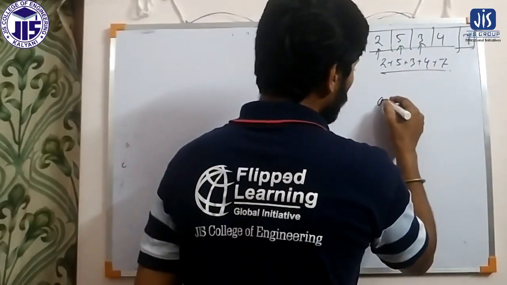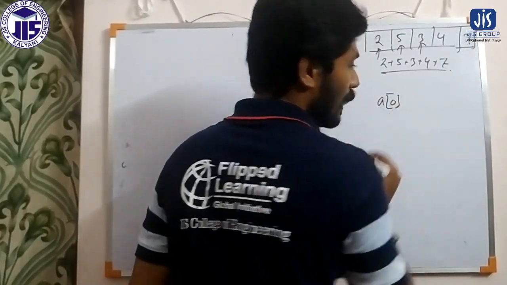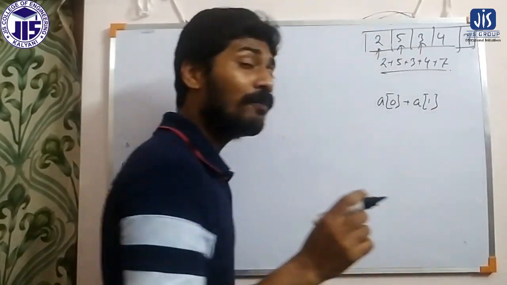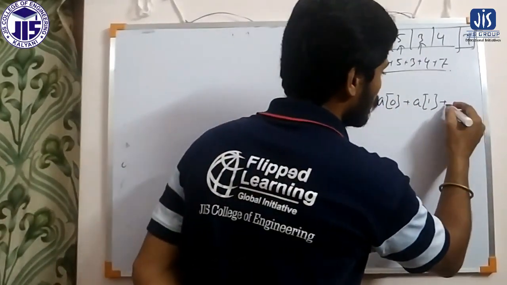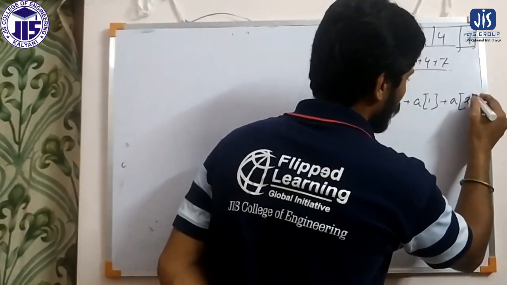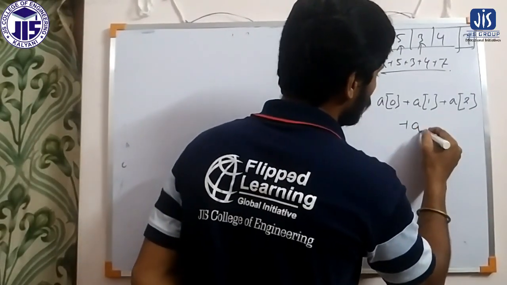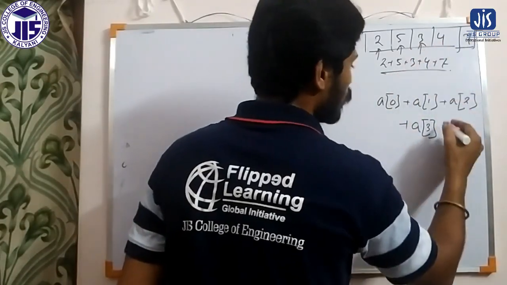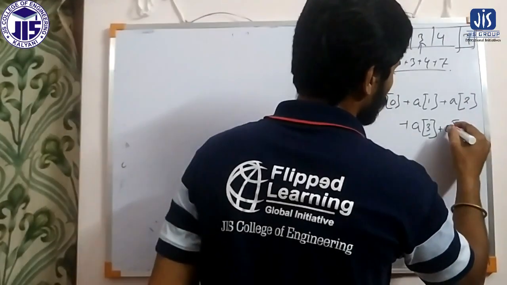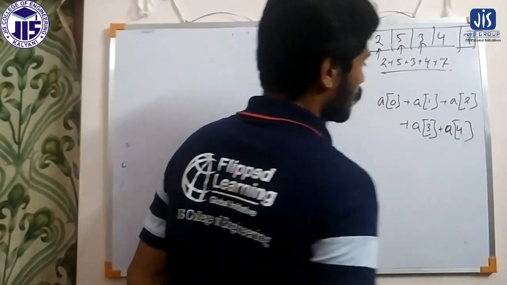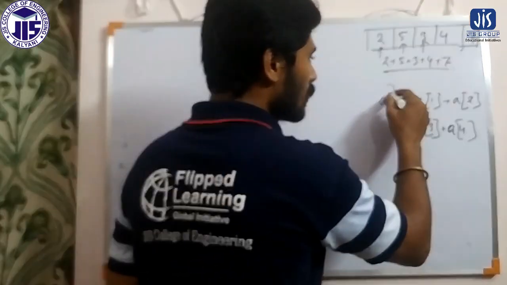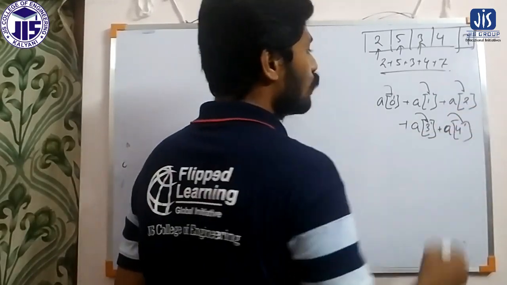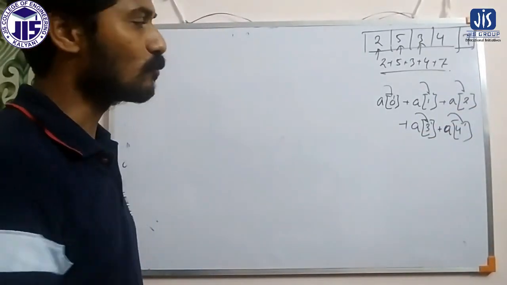So first we write A0, then plus A1, then A2, then A3. So 1, 2, 3, 4, 5, it will be up to 4. Identifying the logic is very important. Here again you can see the position is changing, so the for loop will remain the same to get the access.